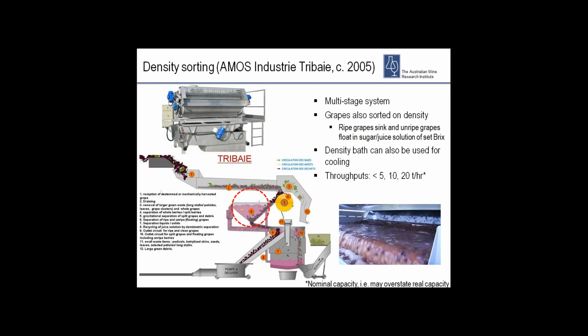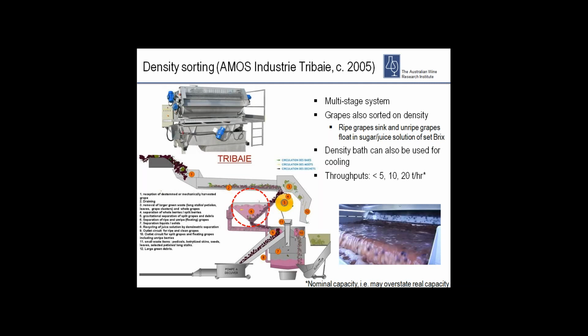In around 2005, Amos Industry introduced a different style of system, which, in addition to using several mechanical separation steps, also incorporates a density bath to separate ripe from unripe grapes. The ripe grapes sink, while the unripe grapes float in a sugar or juice solution of set density.